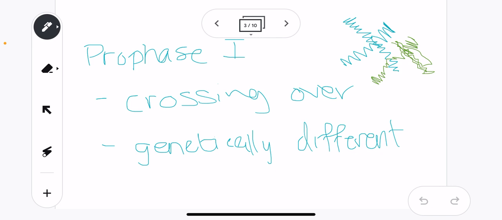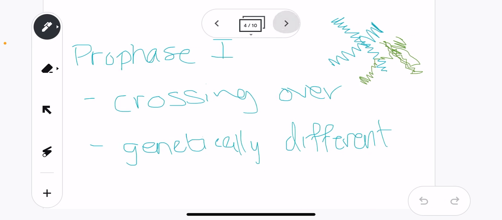But in meiosis, you're making gametes, sex cells which pass on the genetic identity of the individual. So you want a little bit of genetic variance, otherwise you would look the same as your parents, which you don't, obviously. So this is where the crossing over and the shuffling of the genetic deck happens in prophase 1.